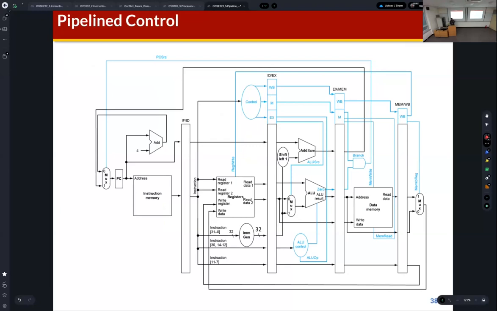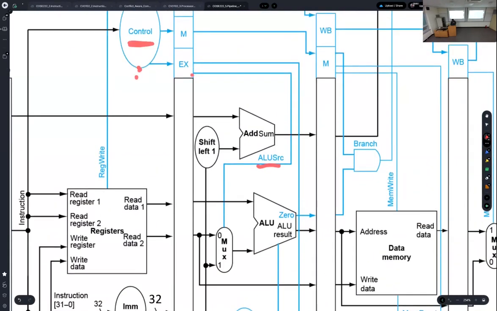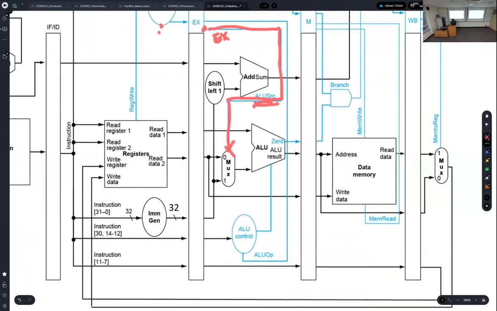You can find this is the figure of the pipeline control. As I mentioned, this is the main control unit. Control signals are generated by the control unit. If you see the ALU source, it uses the control signal in the EX stage here, because ALU source is used in the EX stage. Mem write is the same, and mem read is the same.